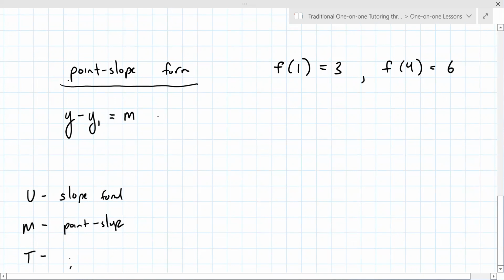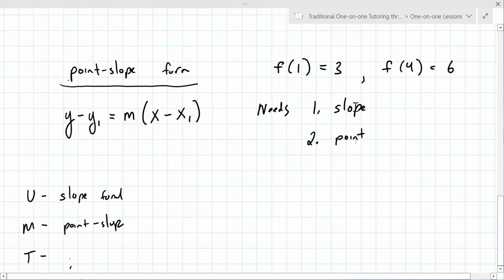Okay, good. So our needs: one is you need the slope, two, you need a point. Okay, so we need those two things.